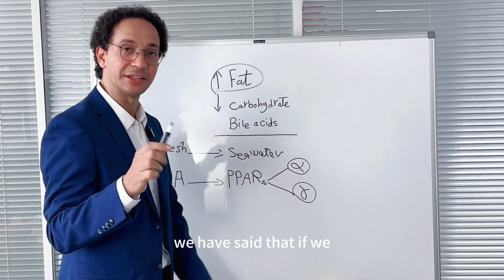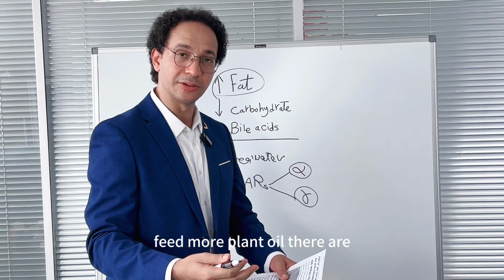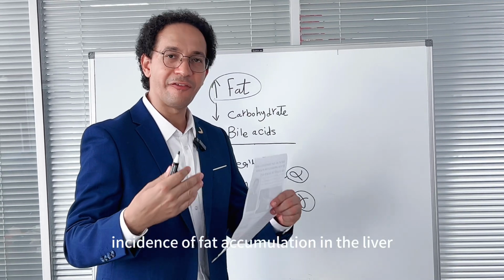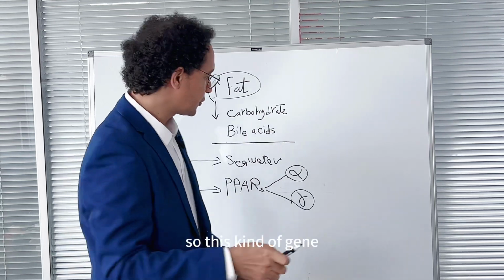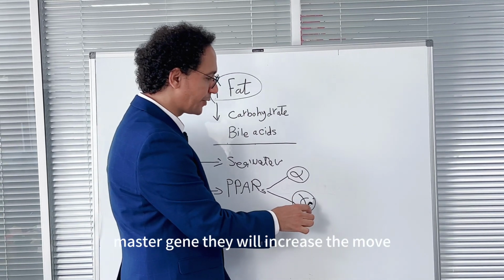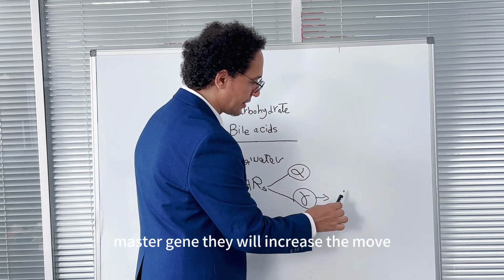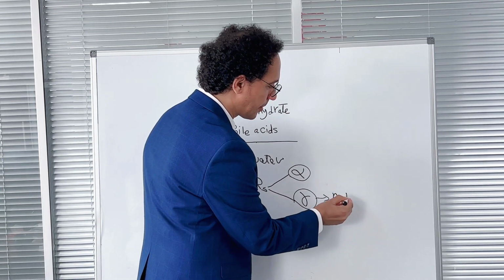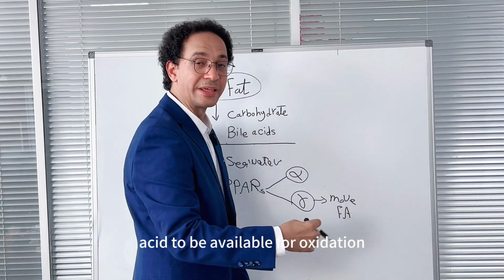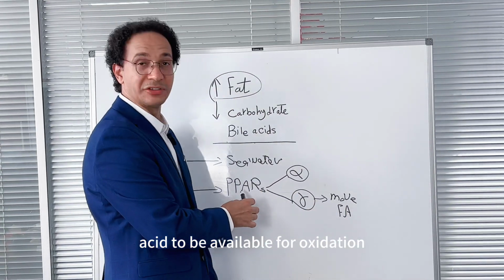We have said that if we feed more plant oil, there are incidents of fat accumulation in the liver. So this kind of master gene will increase the movement of fatty acid to be available for oxidation.